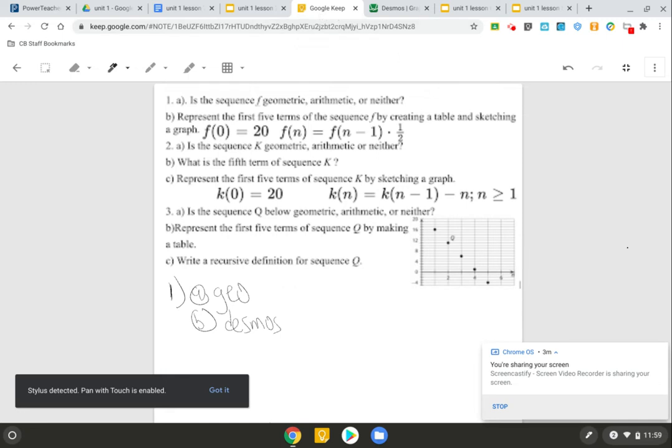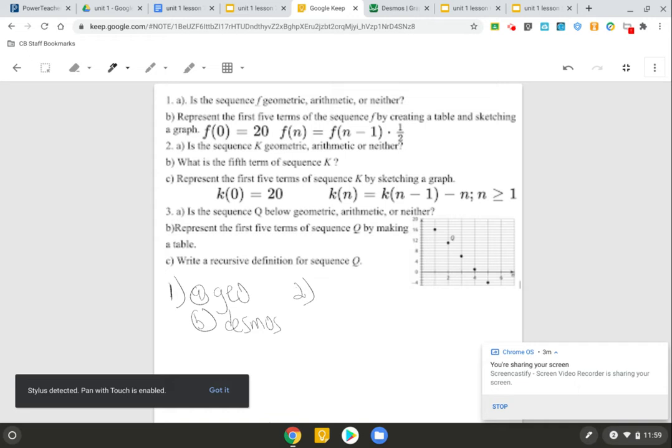Number 2, different sequence. Is the sequence K geometric, arithmetic, or neither? Here's our starting term, which is 20. Each new term is equal to the previous term minus n.